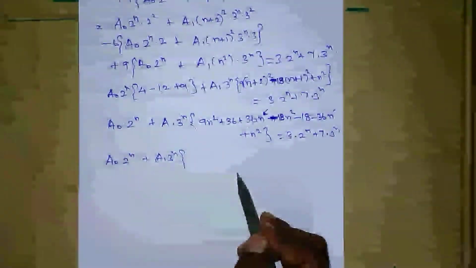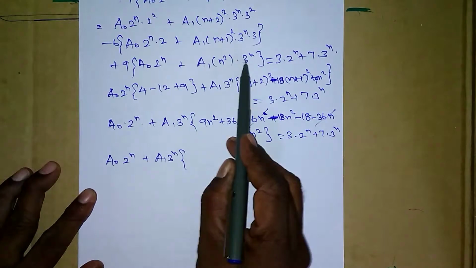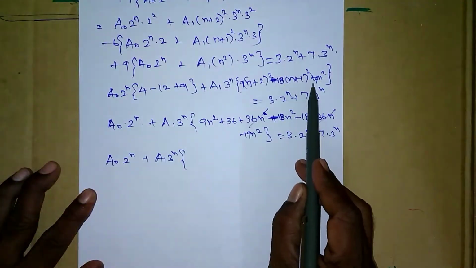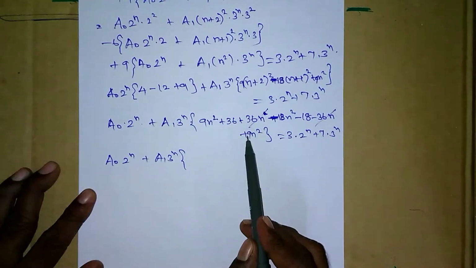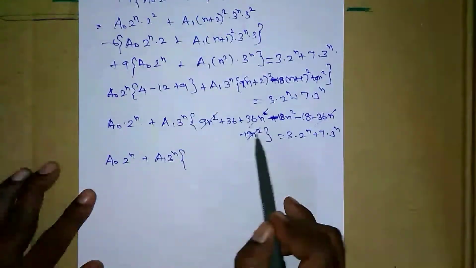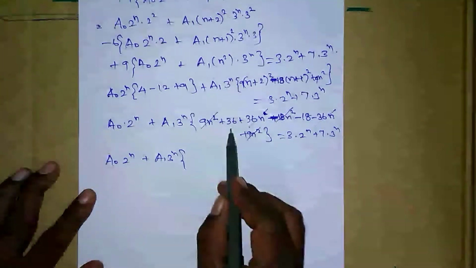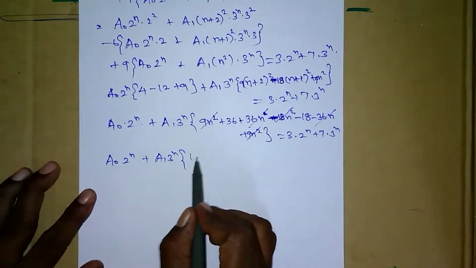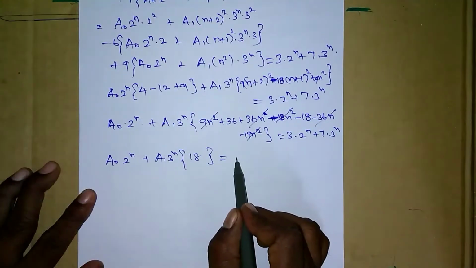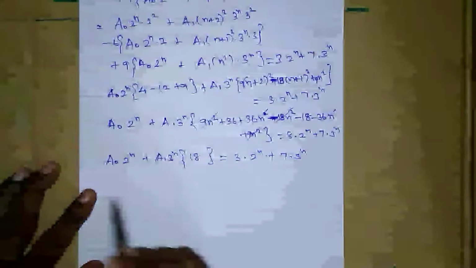We have here 9 into n square, therefore plus 9 n square, here also plus 9 n square, plus 9 n square, here plus 9 n square, here minus 18, 9 n square, 36 minus 18 is 18, is equal to 3 into 2 power n plus 7 into 3 power n.